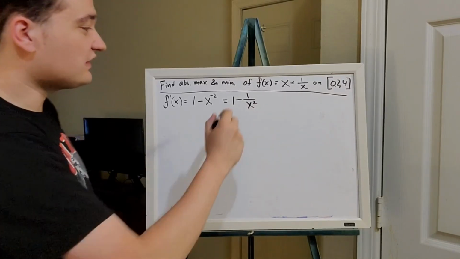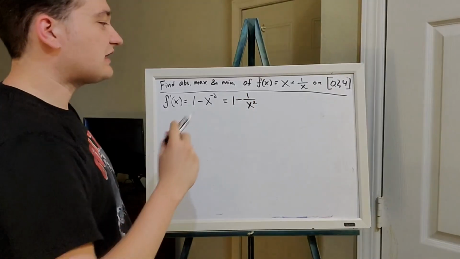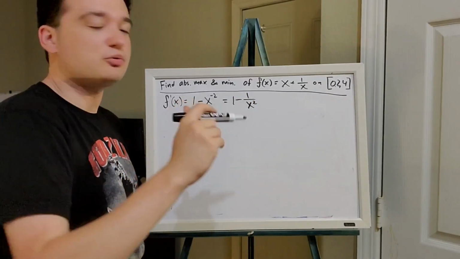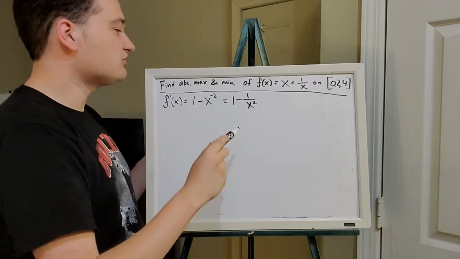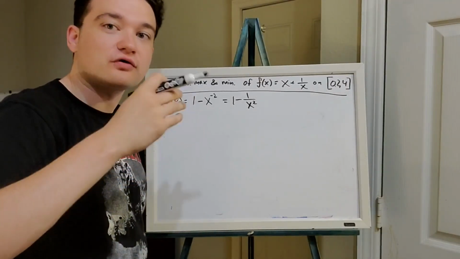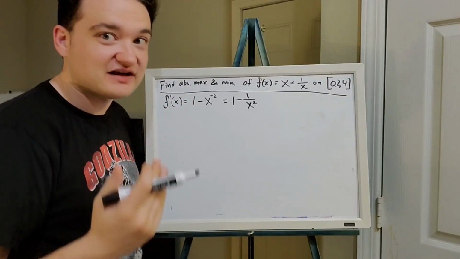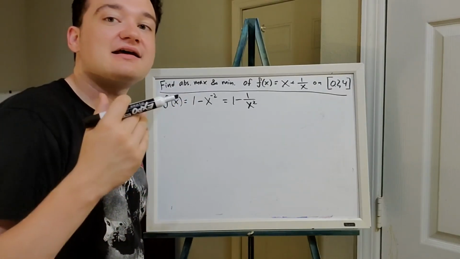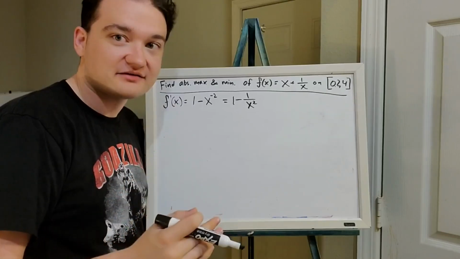Okay, so this is our derivative. It tells us the slope at any point for this function. And we want to know where the slope is 0, or when we have a corner or a cusp where the derivative doesn't exist, that can be a local min or maximum. Okay?